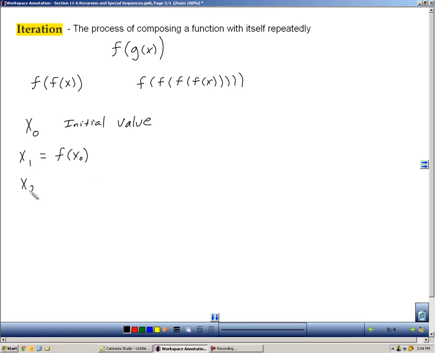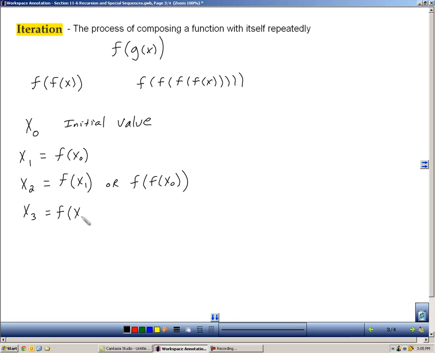Then you're going to find the second value by plugging that first value in. So you plug the x sub 1 into the function again. Another way of thinking of that is f of x sub 0. So you take f of x sub 0 and plug that again inside of f of x. I'll do one more just to show you the pattern.